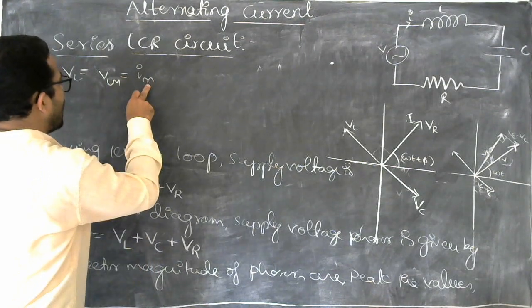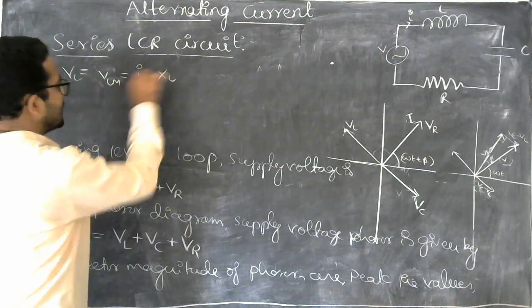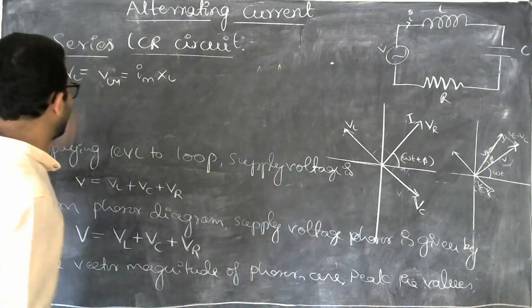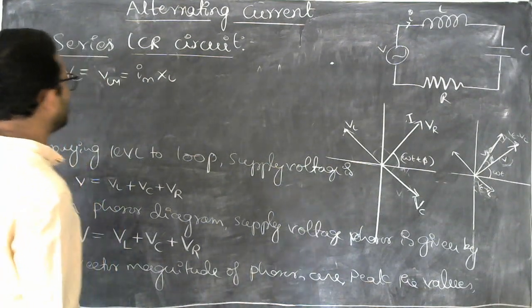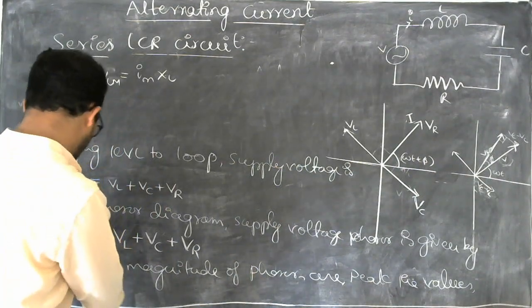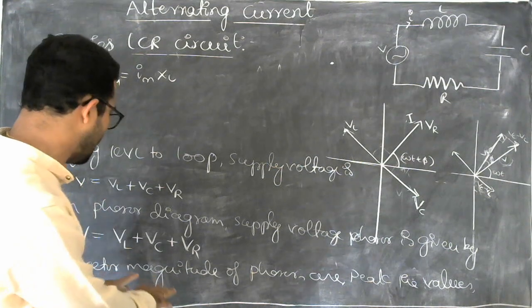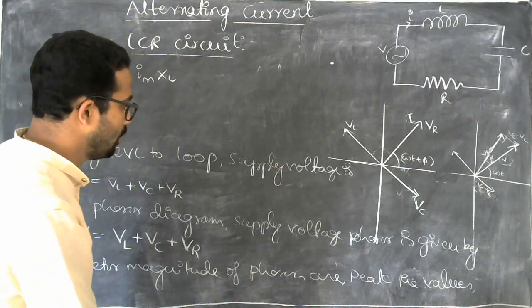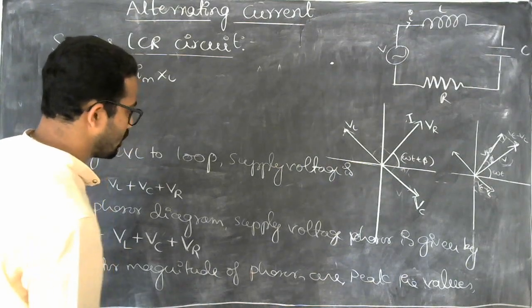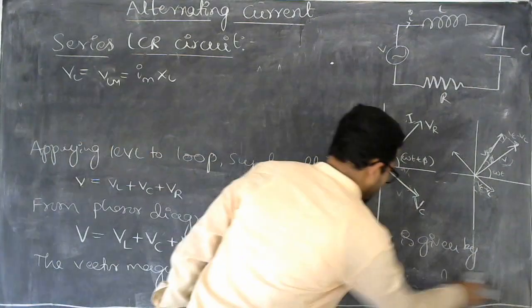VLM is equal to IM into the reactance XL. Sorry, I thought it was R, but I have written L here. VL is equal to VLM. So maybe I can change the sentence also. The vector magnitudes of the phasors are peak values.